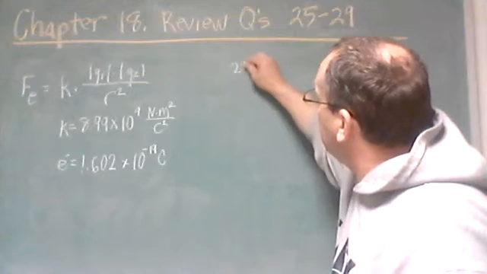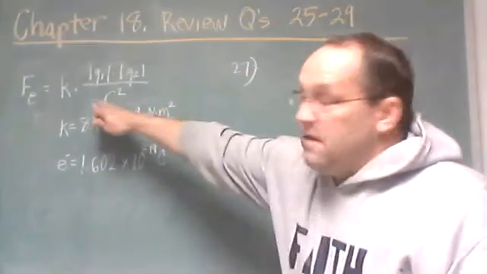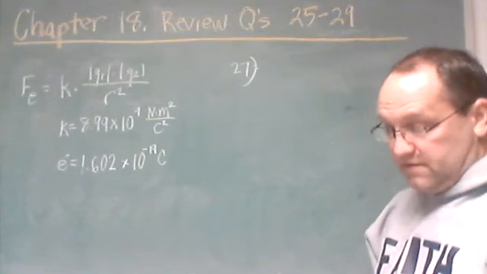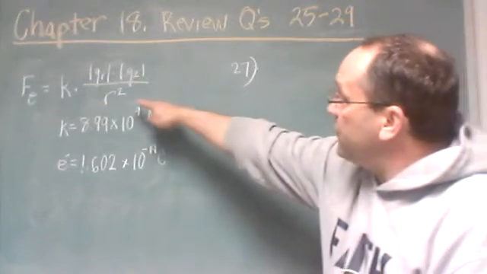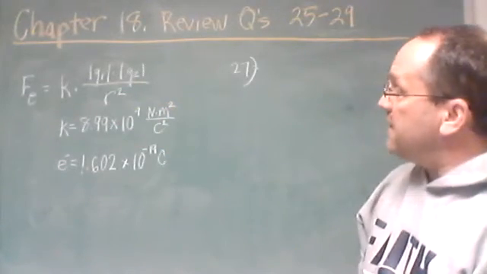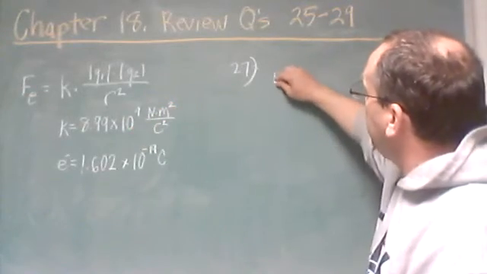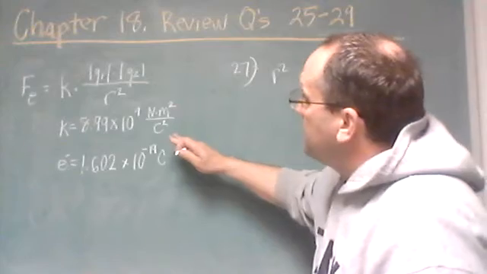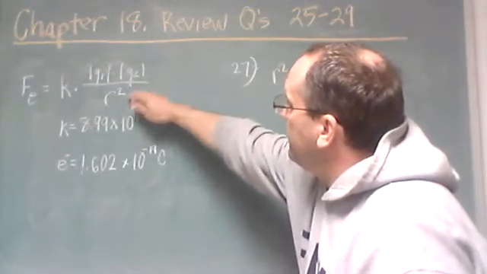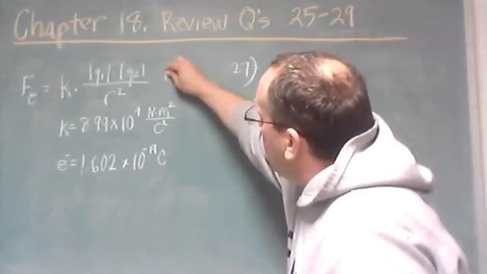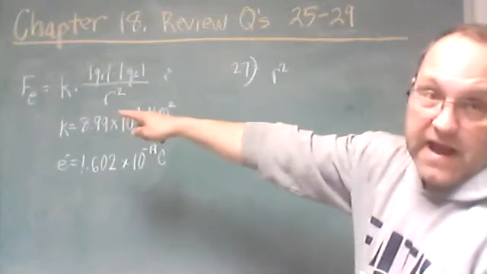Number 27. We're dealing with Coulomb's law, but what they want to find is the distance between the charges. So we're going to rearrange that equation for R. I multiply by R squared to get rid of it on this side, take it to the other side, and then divide out the FE.